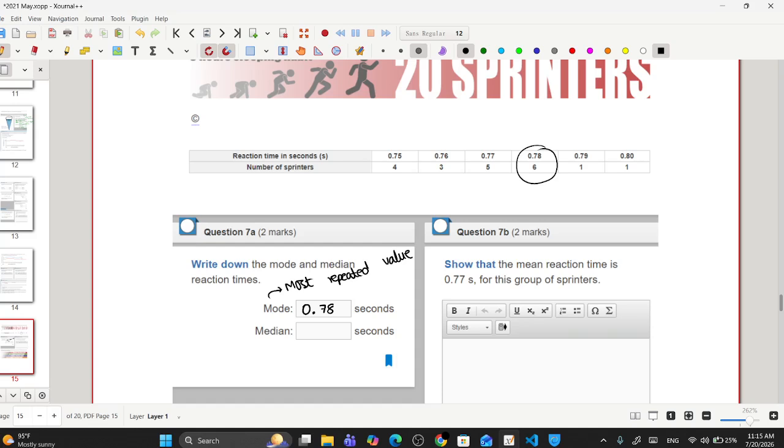Median. Okay, how do you calculate the median? There were a total of 20 sprinters, right? If we were to divide 20 by 2, we would get an answer of 10.